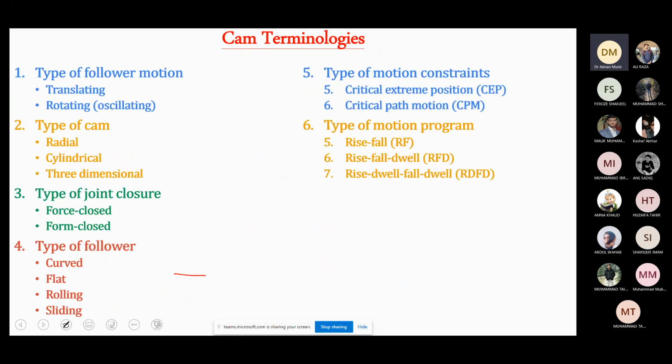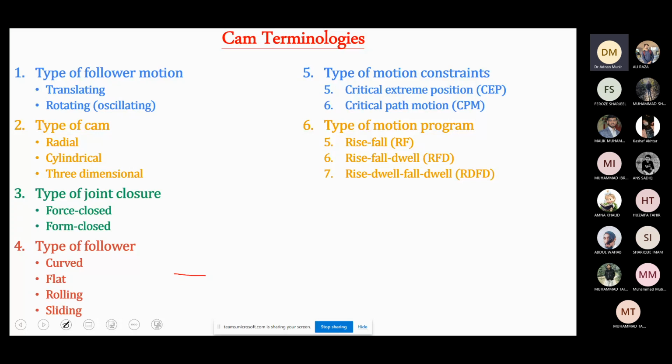Now cam followers can also be classified based on the type of motion constraints. There are two types of motion constraints that we will be talking about in this chapter. The first one is critical extreme position, which is also abbreviated as CEP. In this type of motion constraint, we only know the initial and the final position of the cam follower. How we define the path is up to the designer to choose.